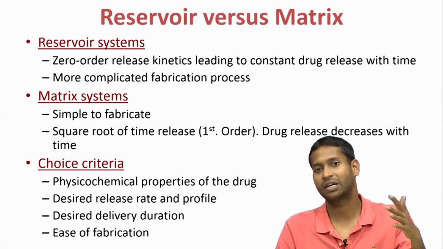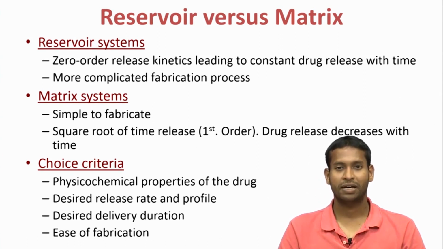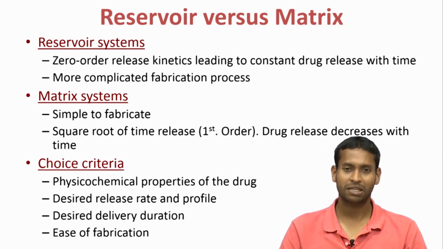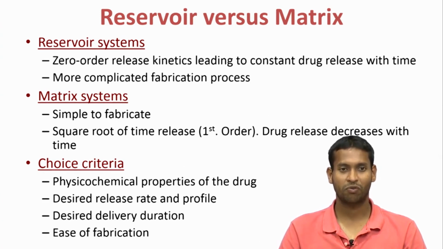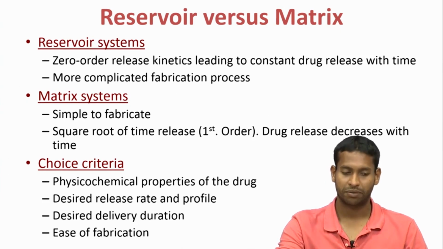If you want it released at a constant rate, you want a reservoir system. How much duration are we looking at? As I just said, reservoir systems can be adjusted to release over a period of months. Even matrix systems can do that, but again it depends on what profile you want, and of course what facilities you have in terms of fabricating it, that will also limit what you can do and what you cannot.